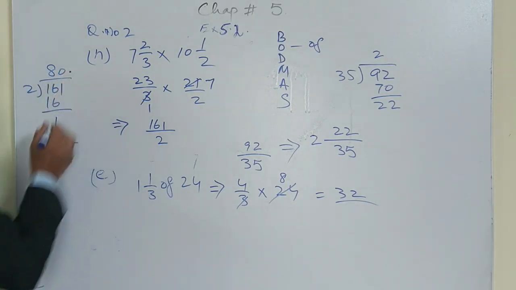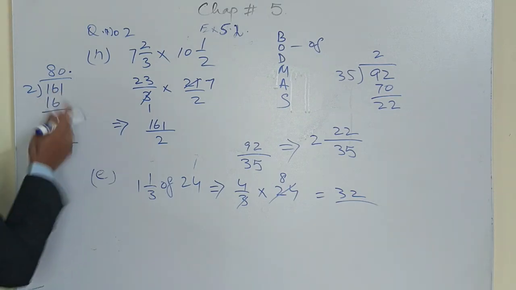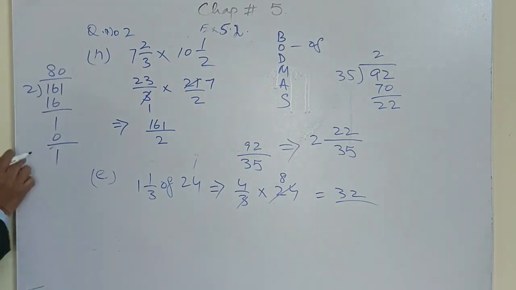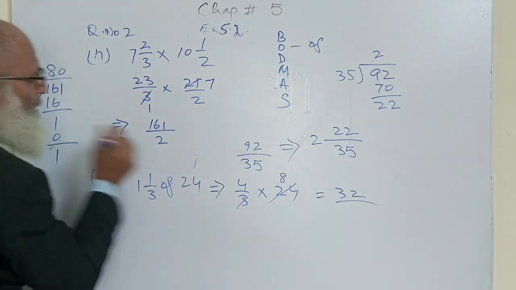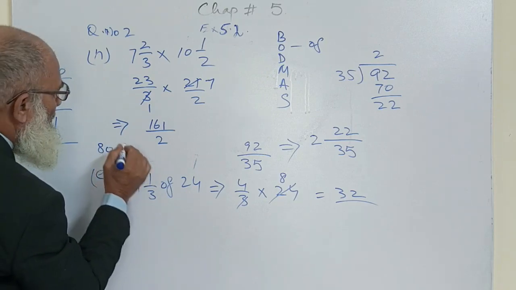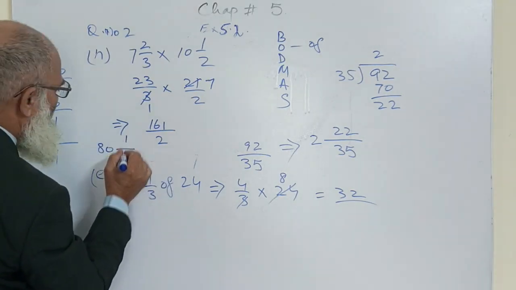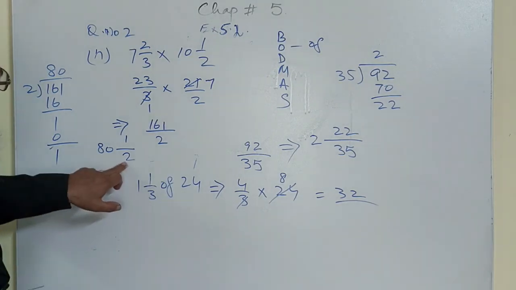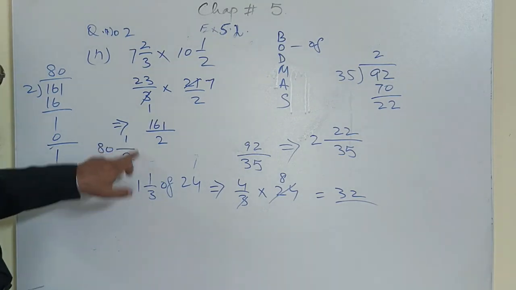And now put a point over here. If you don't want to put a point over here, we'll just do it like this. 80 whole 1 upon 2. If you just divide it, multiply 160 plus 1, 161 upon 2.